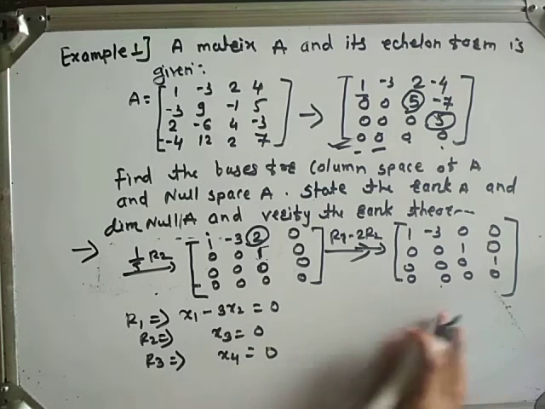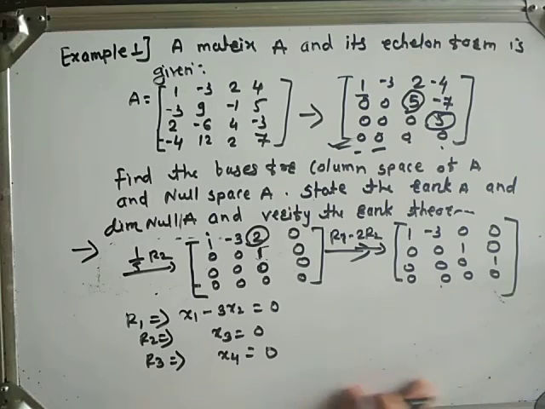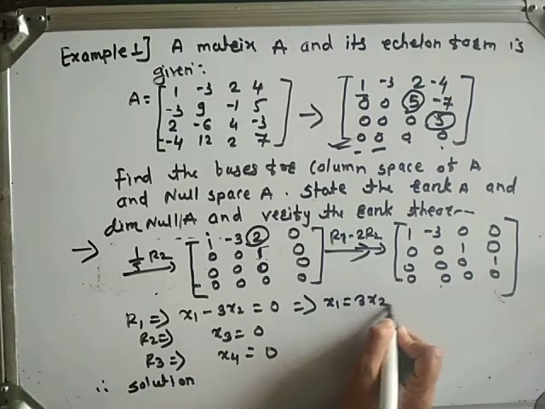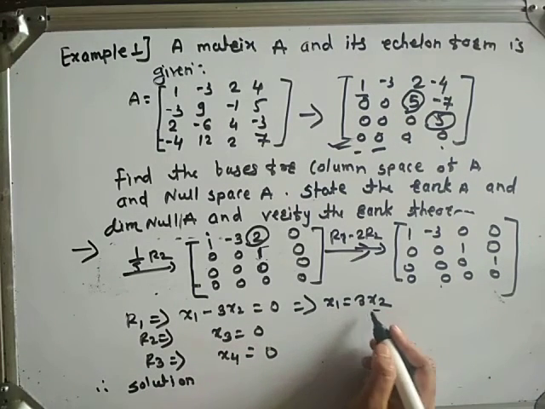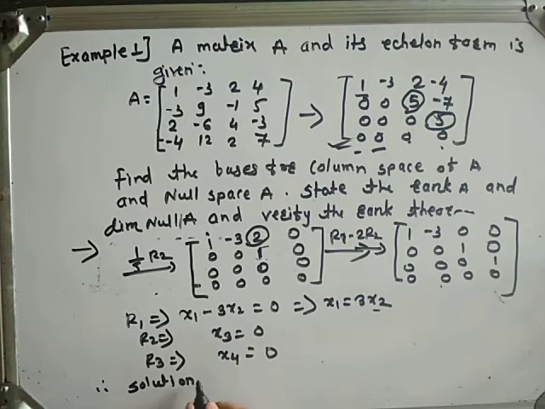And here x2 is a free variable. So the solution is x1 is equal to 3 into x2. x2 is a free variable, which means x2 takes infinitely many values.